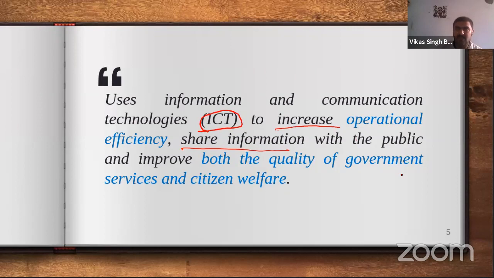The purpose of sharing information and using ICT tools is to improve the quality of government services, and this improvement is for the purpose of citizen welfare. So this is one definition of a smart city.